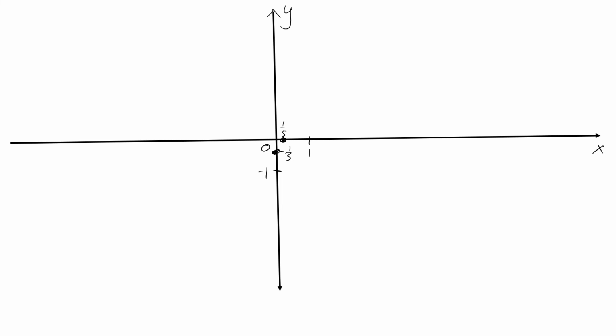And x is minus 1, y will be minus 2. So it will go here and here. Connect the dots, write the equation 5x minus 3y equals 1, and continue with the other equation.